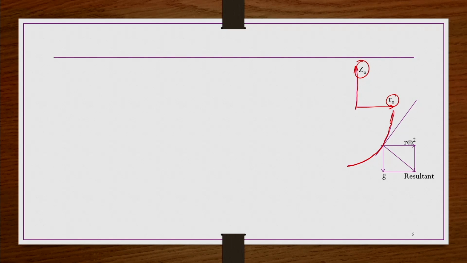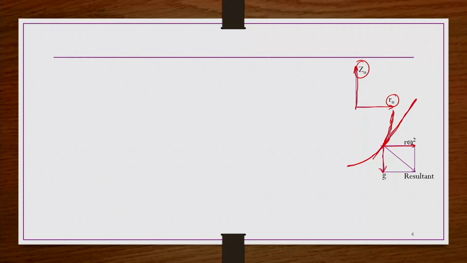Let us say at any point on this paraboloid, if you wanted to find the relative magnitude of the centrifugal and gravity forces, you can draw a tangent like this, right. For that tangent you get the normal components like this.